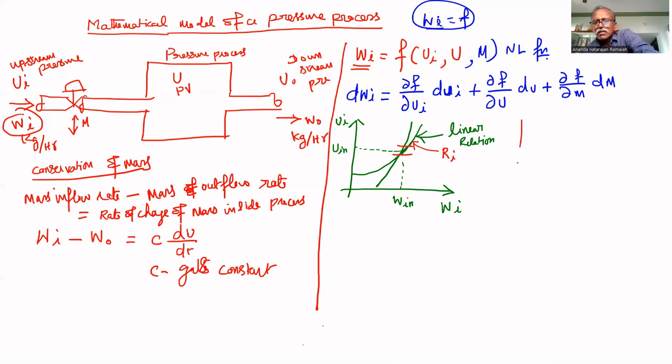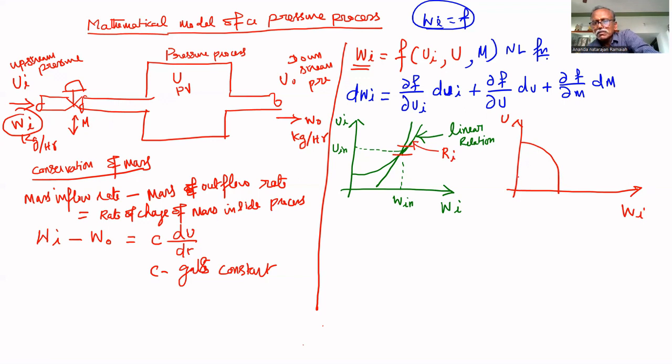Similarly, if you consider the downstream pressure U, as far as Wi is concerned, if you draw the relationship between U and Wi, the relationship will be like this. Here in the bottom, you see a vertical line.